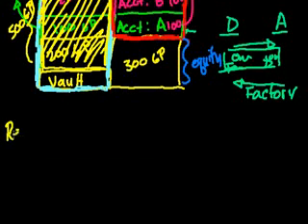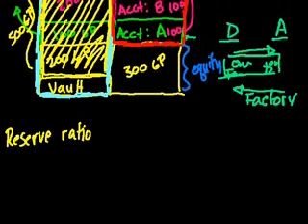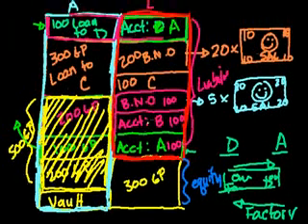Now let's think a little bit about what even a reserve is. A reserve is something that you keep aside because you might need it one day. In this situation, all of these liabilities, whether they're these bank notes outstanding in this example, or these checking accounts, these demand accounts, are all liabilities that someone can come back to the bank on any given day and say, hey, I want my gold now.